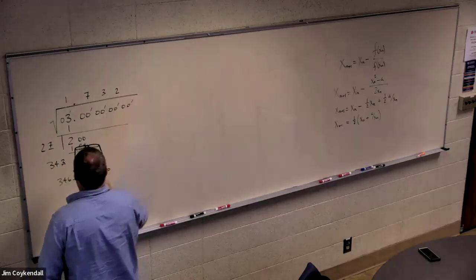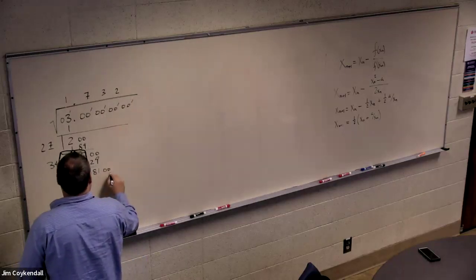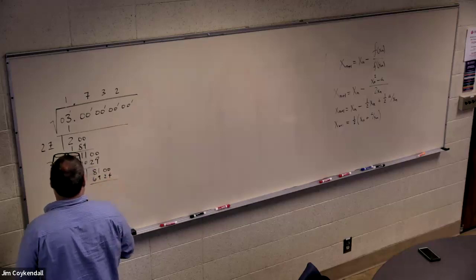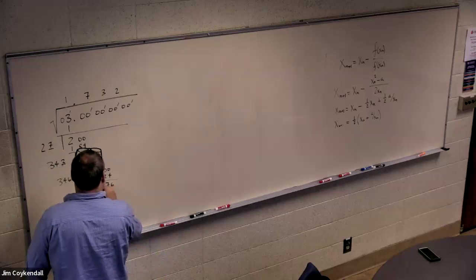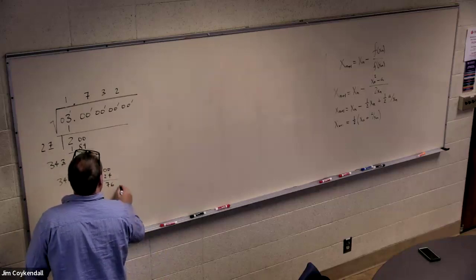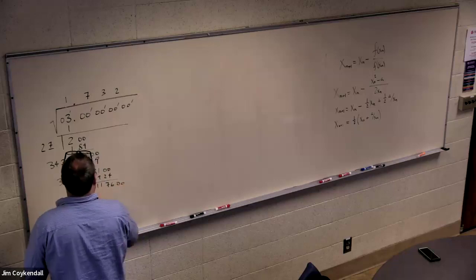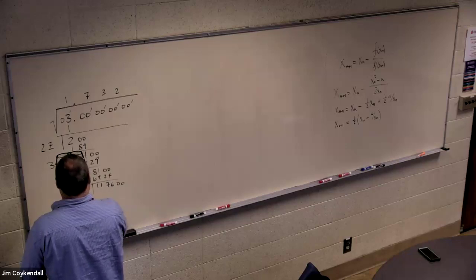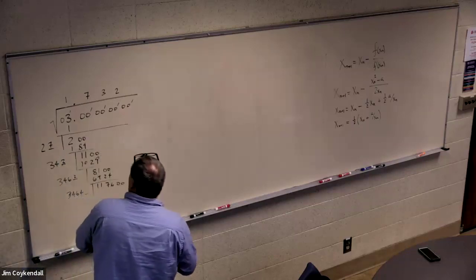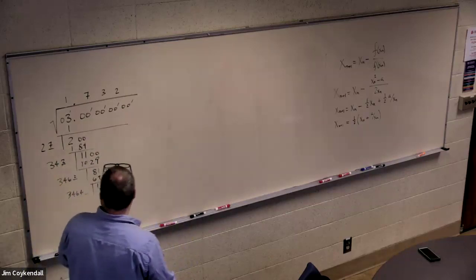It should be twice. 4, 12, 69. 7, 6, 8, 11. Yeah, I don't know. Anyway, this is the way the algorithm works.